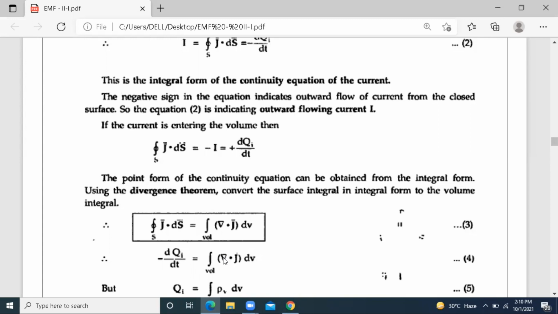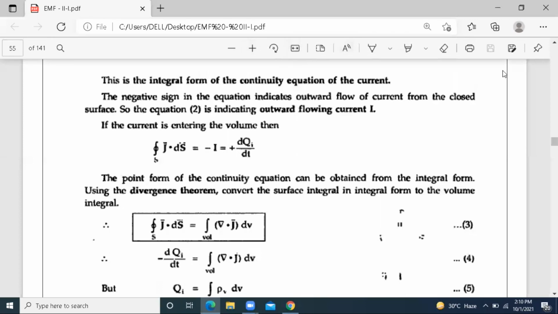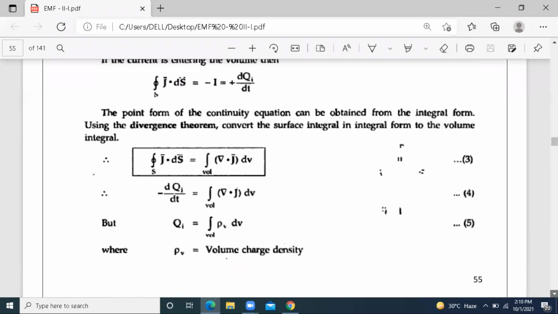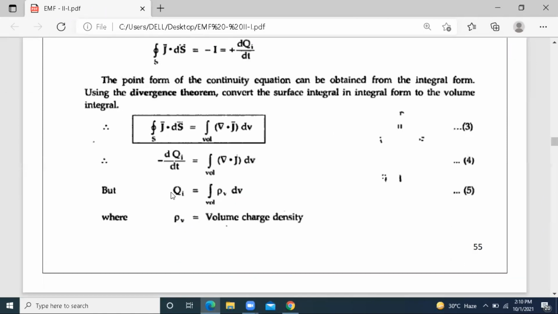Which is equal: del dot J dV is minus this from here, from your equation up here. Right? But Q is the integral of rho dV from way back when.